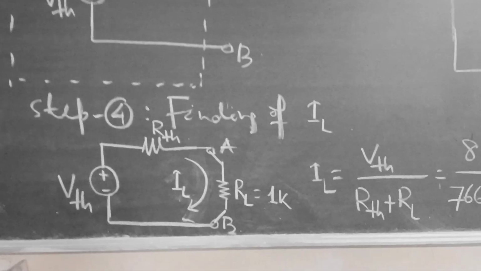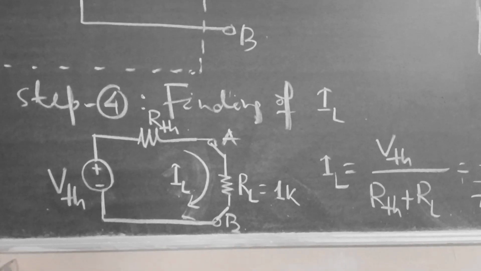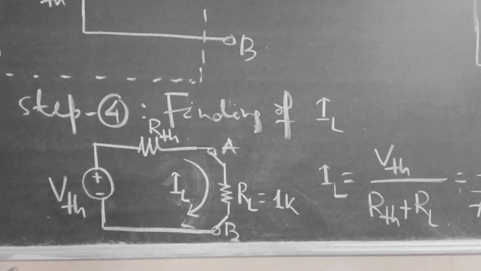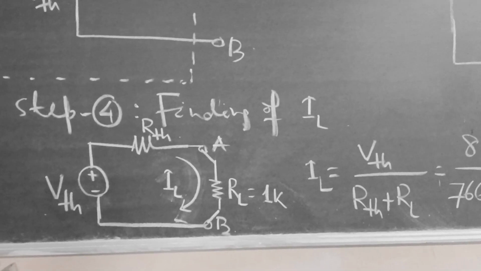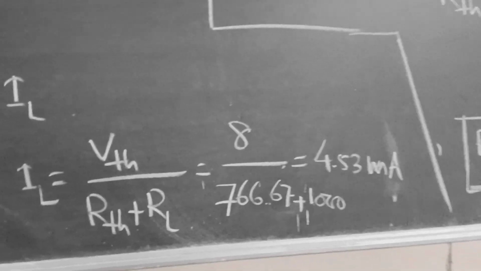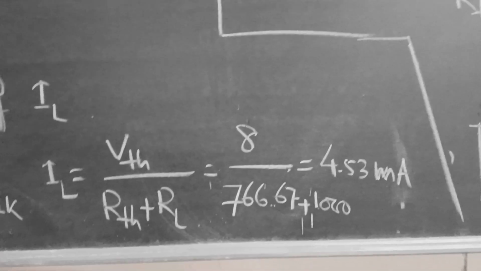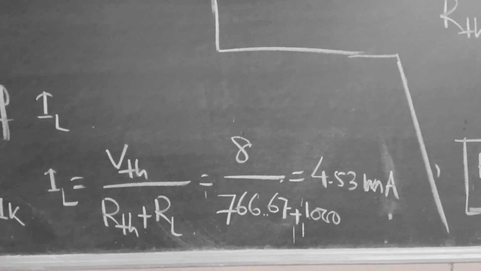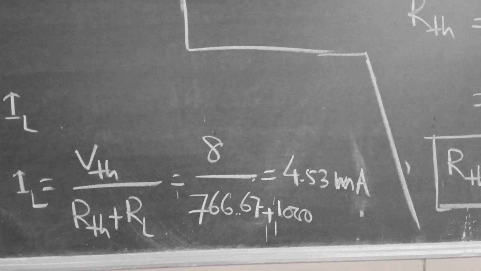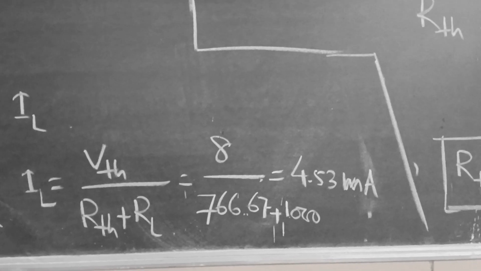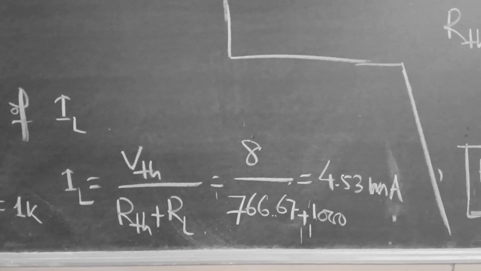If we connect RL, this is a closed path, so the current through the load RL becomes V Thevenin divided by R Thevenin plus RL. V Thevenin is 8 volt, R Thevenin is 766.67 ohm, and the load resistance is 1 kilo ohm, meaning 1000 ohm. So we get 4.53 milliampere.